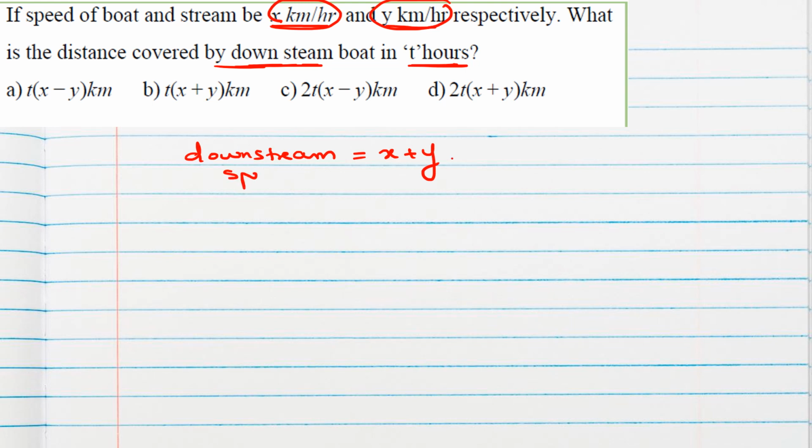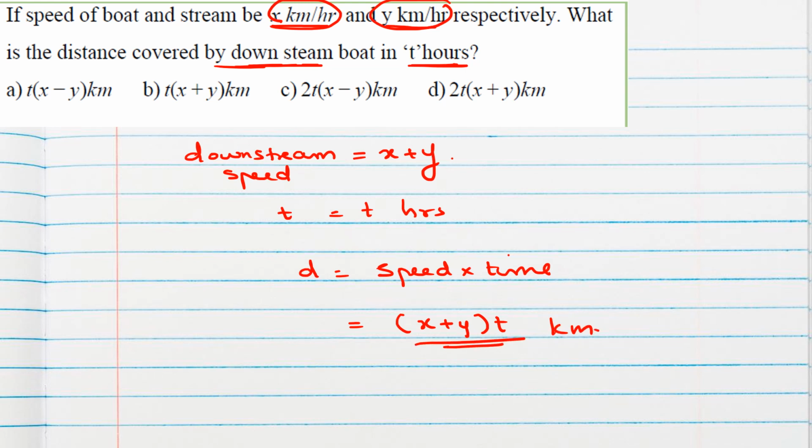Time is given as t hours, so distance will be speed into time, and that can be given by (x plus y) into t kilometers. So this is in option A. So option A is correct here.